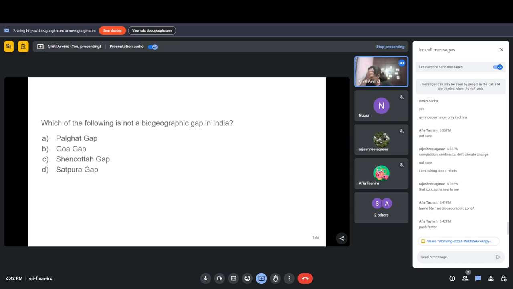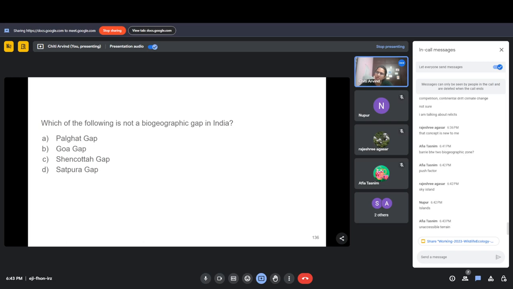What are the examples of these push factors? Okay, Sky Island, but I'm looking for a particular feature. What is this particular feature in a particular example that can serve as a biogeographic barrier?